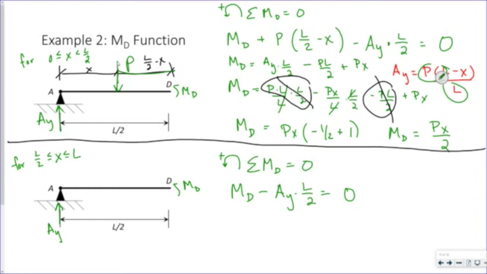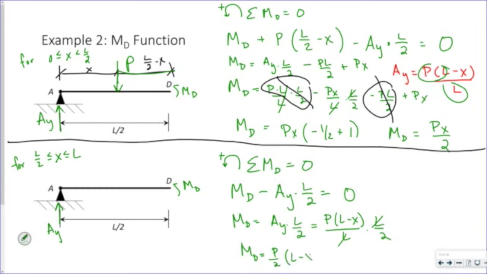I figured out what AY is equal to: AY is P times L minus X over L. So the moment at D is equal to AY times L over 2, which is P times L minus X over L times L over 2. That goes away. That goes away. My moment at D is P over 2 times L minus X.